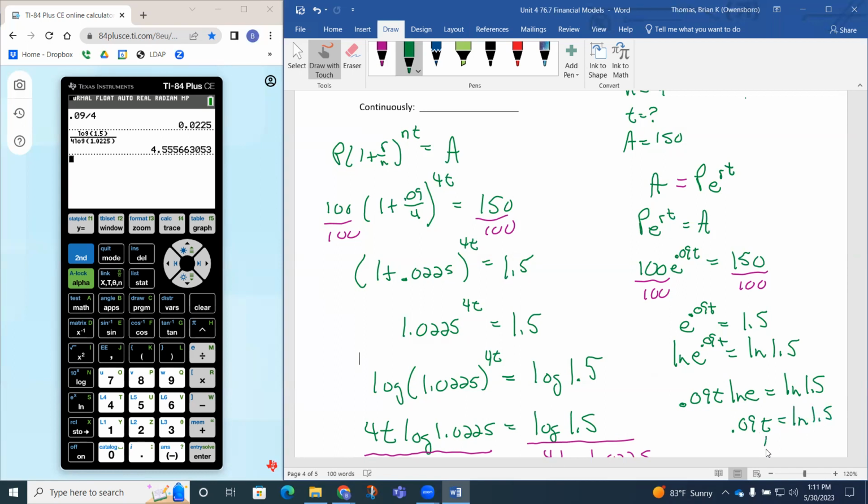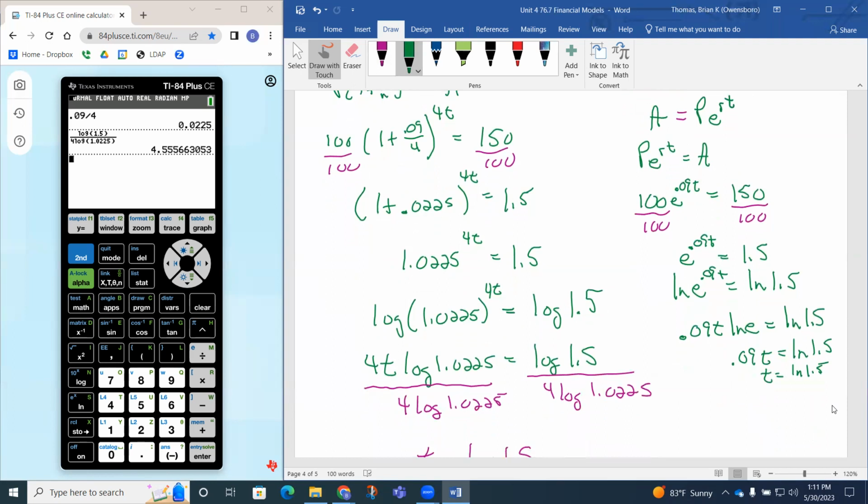So all I got to do is divide both sides by 0.09. So it's going to be the natural log of 1.5 divided by 0.09. They do, again, want the answer to 2 decimal places. So if I do the natural log of 1.5, and if I divide that by 0.09, that's going to equal then 4.51.